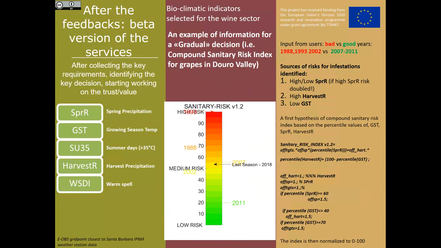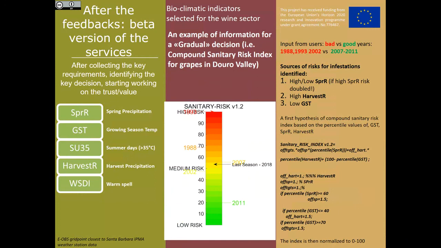And so, with the strong support and the actual idea of co-design and co-development of the service together with Sogrape, we built a sort of compound risk index.